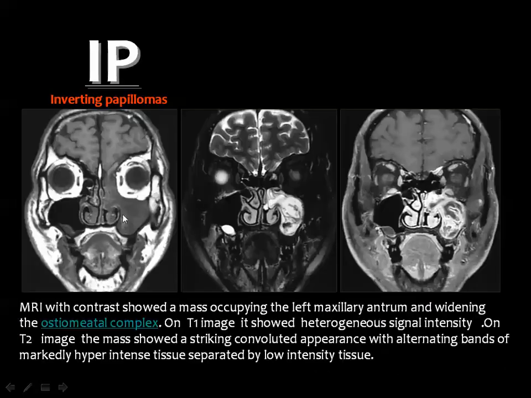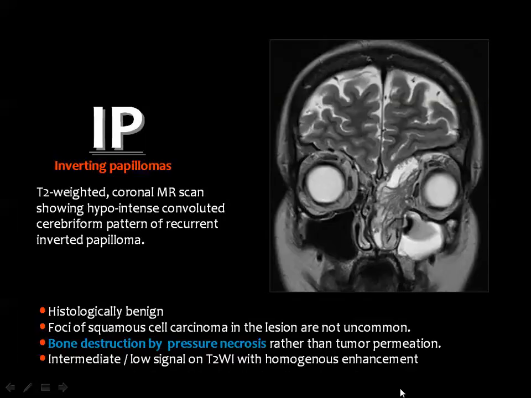And this is an example of inverted papilloma in the nasal fossa and the maxillary sinus. And as I have mentioned, one of the major differential diagnoses of this lesion is the antrochoanal polyp. An inverted papilloma of the maxillary sinus and the nose, showing the typical cerebriform pattern on this T2-weighted image, with obstruction of the sinus ostium and retained secretions within the sinus.